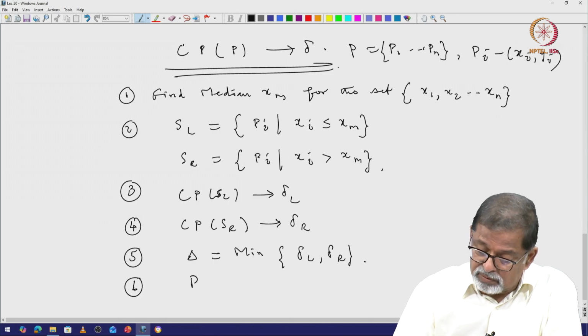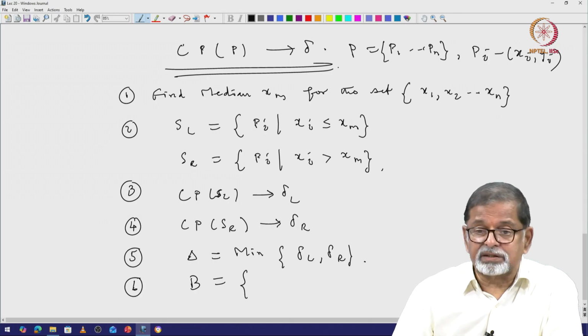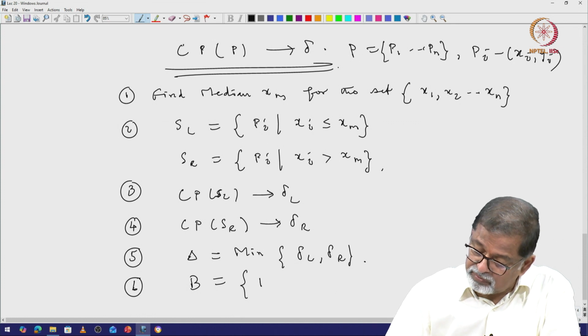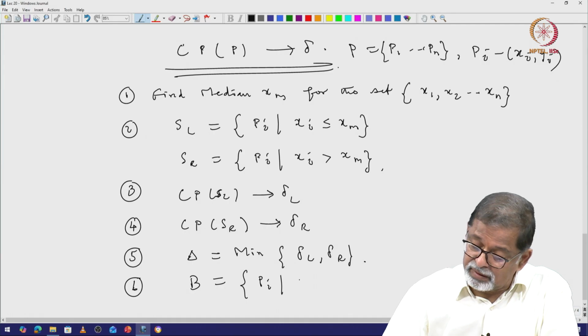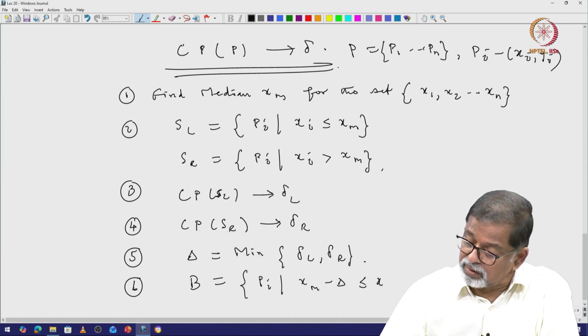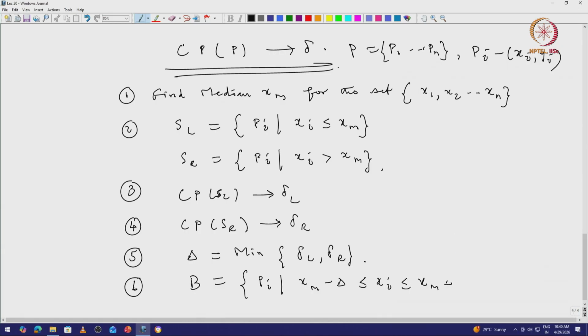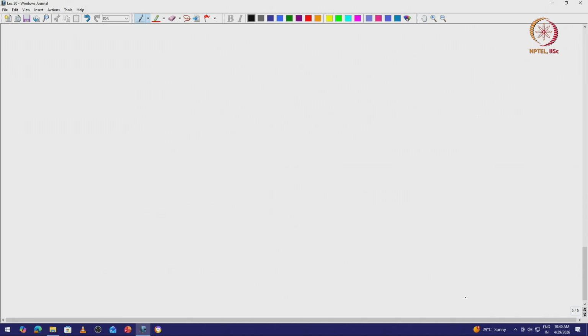Now let B be the set of points in the delta band, so the set of all points Pi such that xm minus delta is less than or equal to xi, which is less than or equal to xm plus delta. So all the points in the delta band are collected.